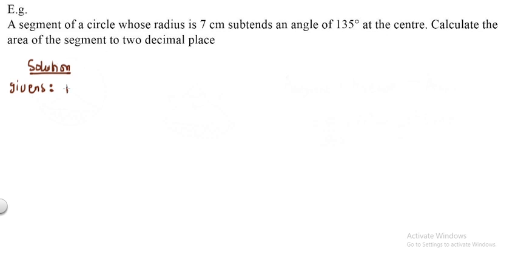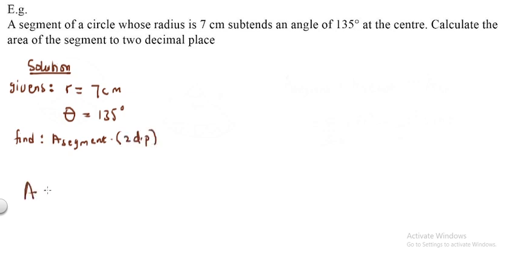You're told that the r, our radius, is 7 centimeter, and the segment that we spoke about has a theta of 135 degrees. We're now due to find the area of the segment. So find area of segment. So we just find it to 2 decimal places.